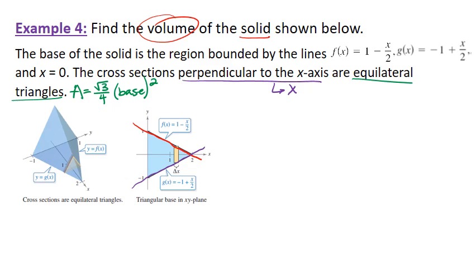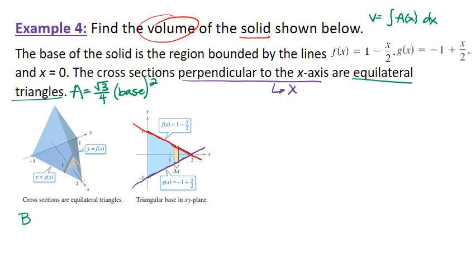So I need to figure out this area. If I find this area, I can just plug it into my formula and I'm good to go. Now remember, the volume is going to be the integral of A of x. So let's analyze this here.